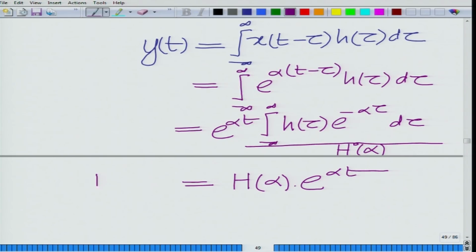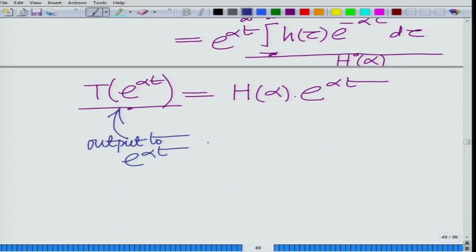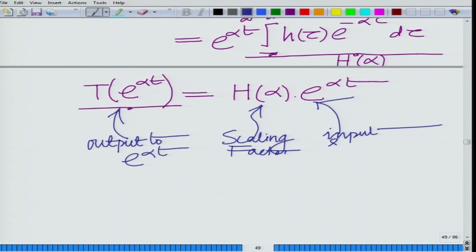So, what you are able to show is that when the input is e power alpha t, the output is simply a scaled version of it. That is, the output to e power alpha t equals some scaling factor times the same input signal.